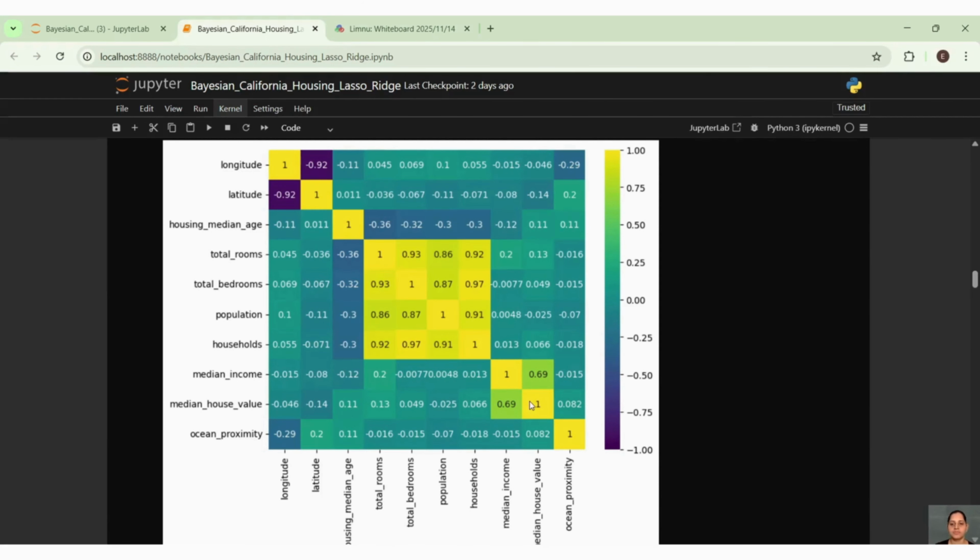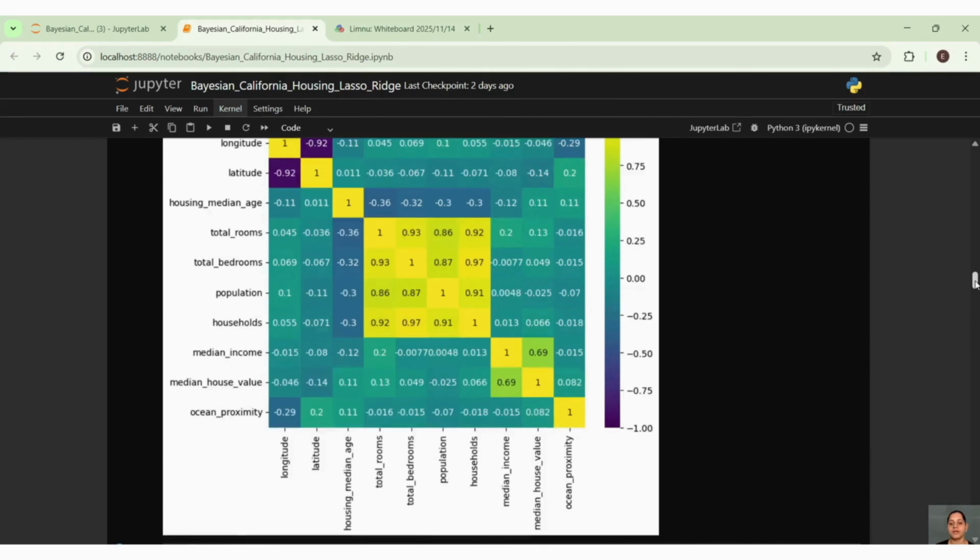Yeah, the house price or the house value, correct? Then total rooms, total bedrooms, population, and households are quite correlated among themselves, right? And if I look at this data set, the most affected one with your median house value is your income.